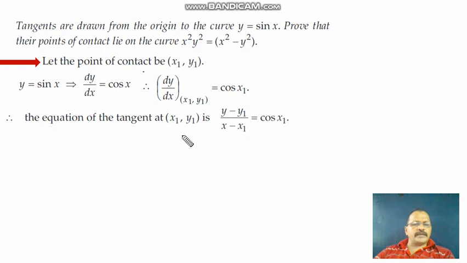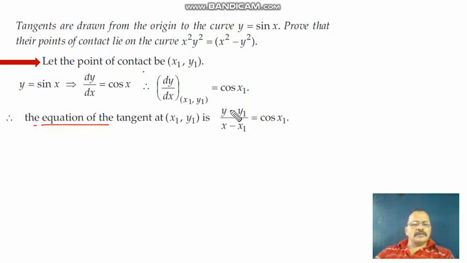The equation of tangent at point x1 y1 is y minus y1 upon x minus x1 is equal to slope dy by dx. So y minus y1 upon x minus x1 is cos x1. This is the equation of tangent.